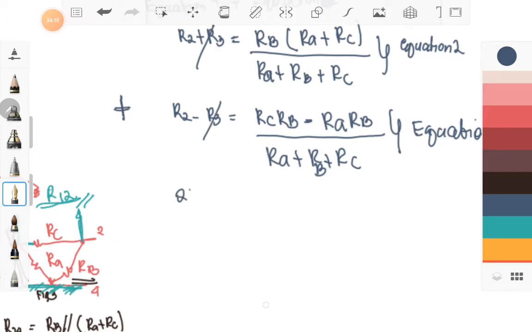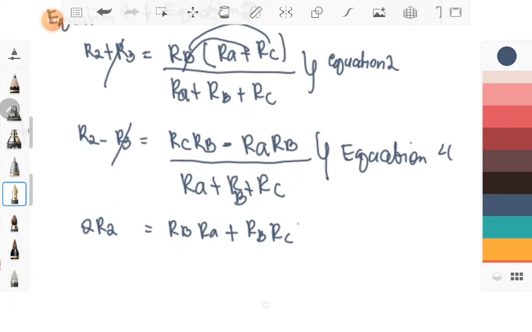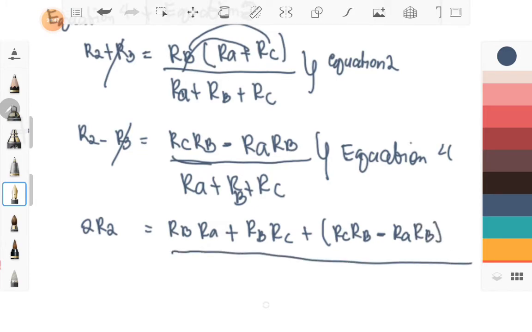We have 2R2 which is equal to RB multiplied by RA and then RB multiplied by RC plus our equation 4 which is RC multiplied by RB minus RA multiplied by RB divided by our RA plus our RB plus our RC.